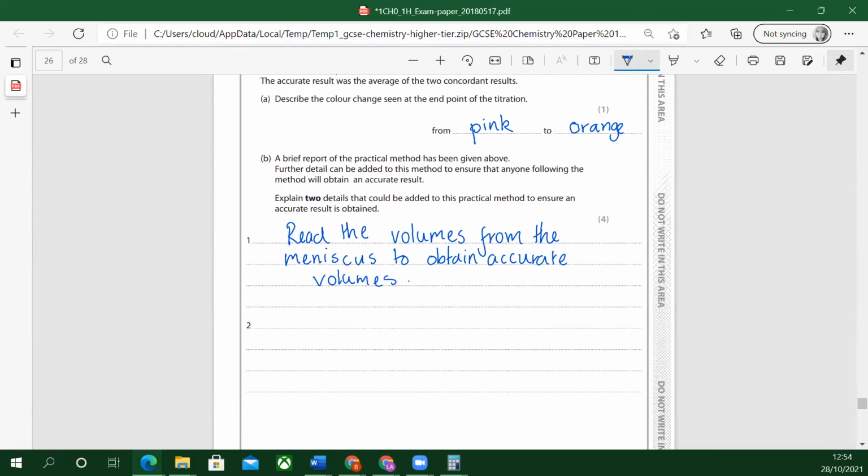One. Another one would be about the colour change. So place the conical flask on a white tile to ensure accurate colour change readings.